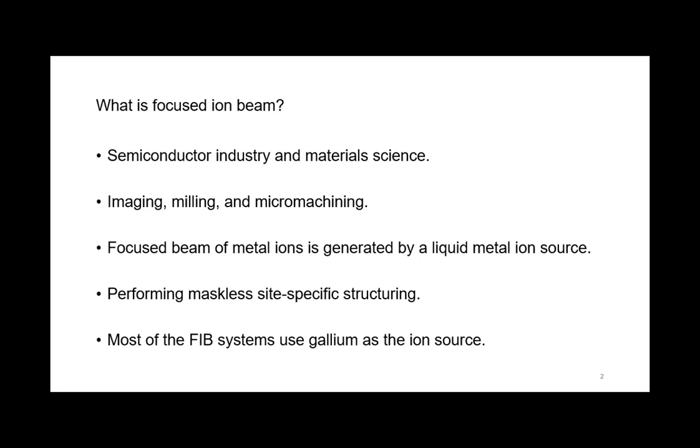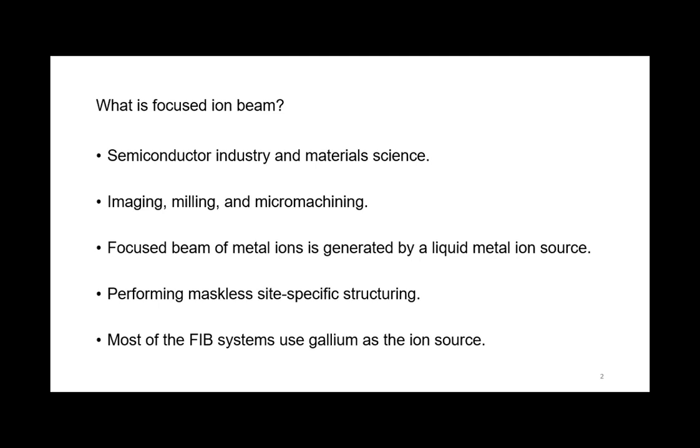So it can also sputter the atoms from the substrate. That we call milling, or removing material. So micro machining means this focused ion beam can design or create shapes in the nano scale and also in the micro scale.